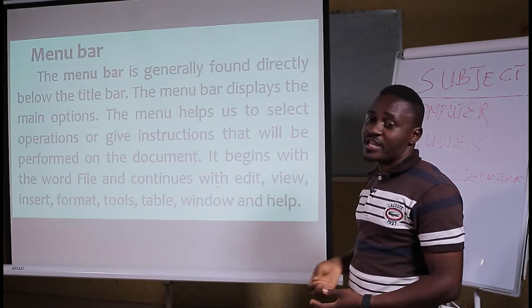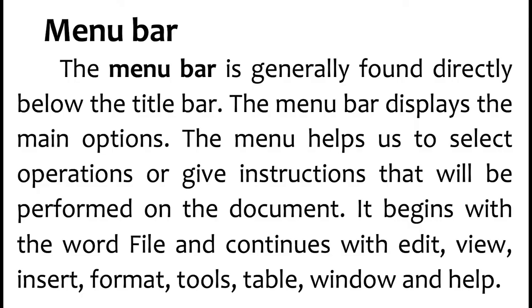Secondly, we have the menu bar. The menu bar is generally found directly below the title bar. The menu bar displays the main options. The menu helps us to select operations, to give instructions that will be performed on the document.